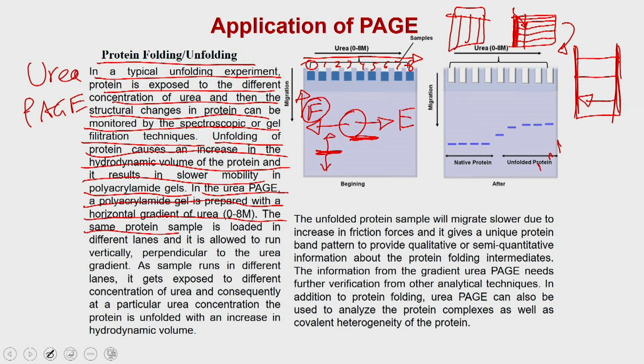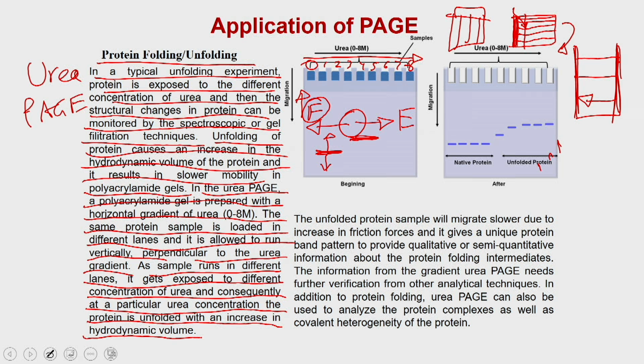The same protein sample is loaded in different lanes and allowed to run vertically, perpendicular to the urea gradient. As the sample runs in different lanes, it gets exposed to different concentrations of urea, and consequently at a particular urea concentration the protein is unfolded with an increase in hydrodynamic volume. Okay?